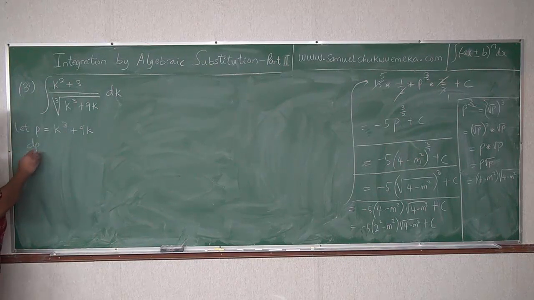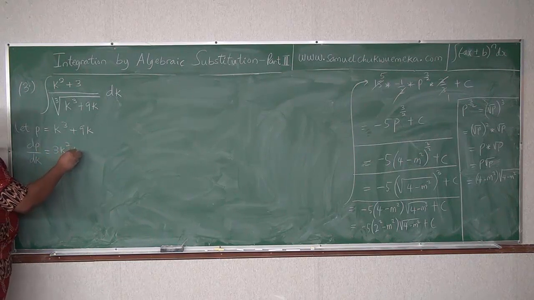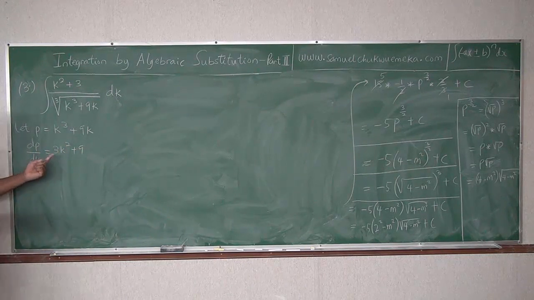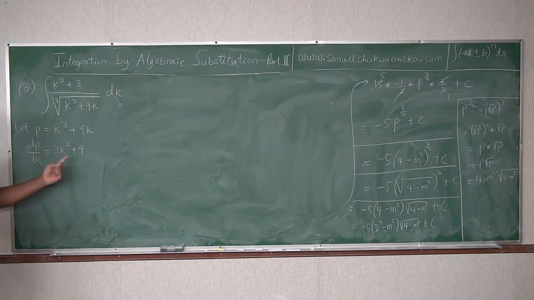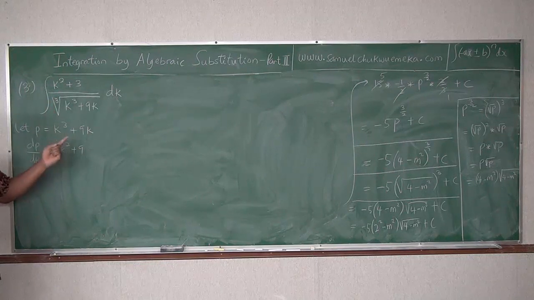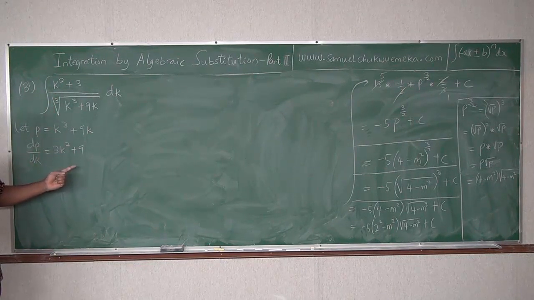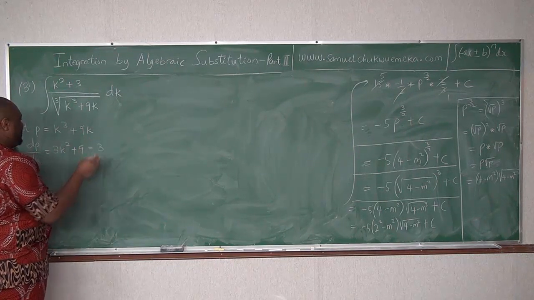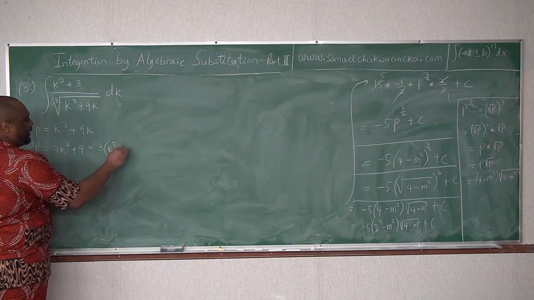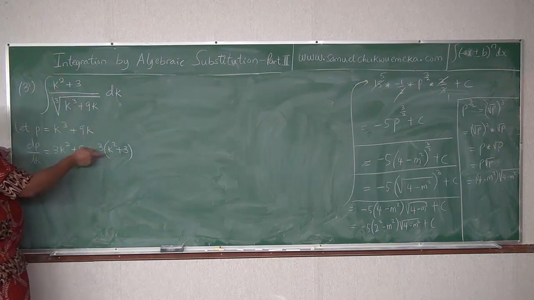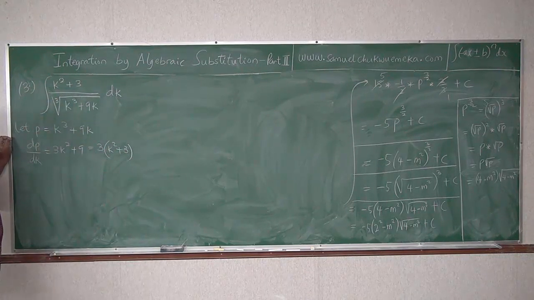We find the dk/dp. The dk/dp is 3k squared plus 9. We want to make this easier right away, so factor by GCF: 3 times k squared plus 3, so that we can cancel out later on.